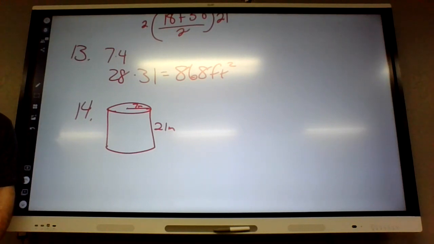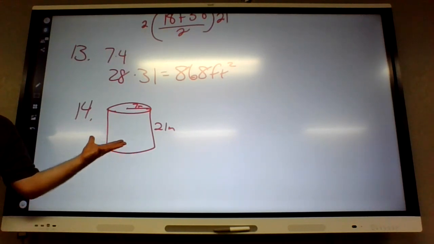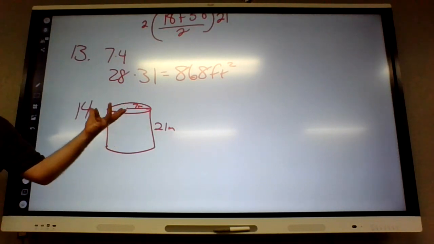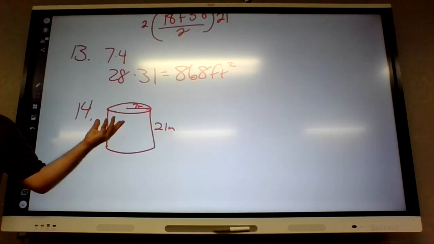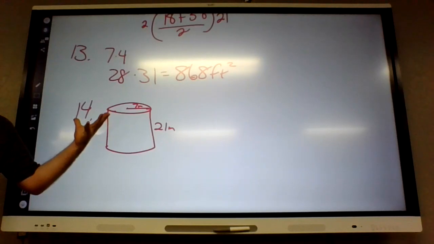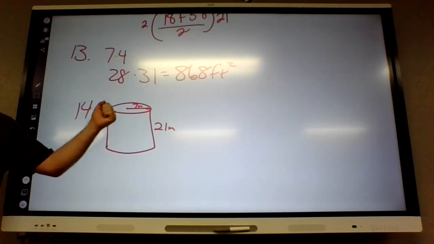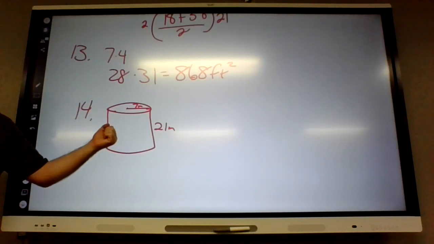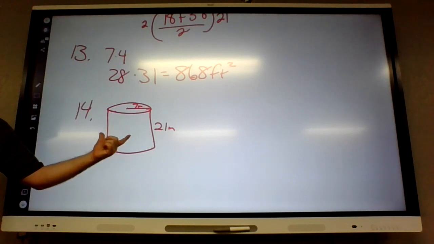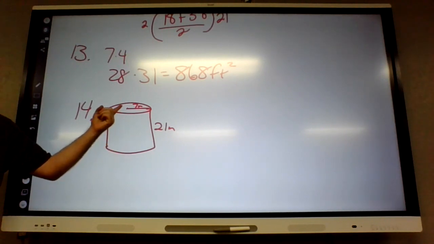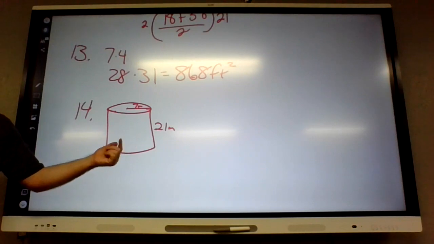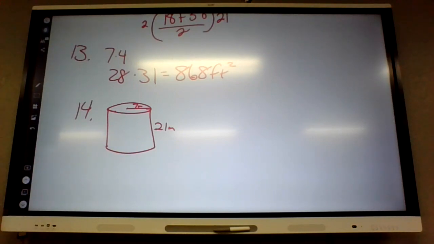Like the water towers in Bartlesville, the lateral area plus the top base. If we were painting this, what sides would we need to paint? The lateral area and one base. You cannot paint the bottom of the water tower.